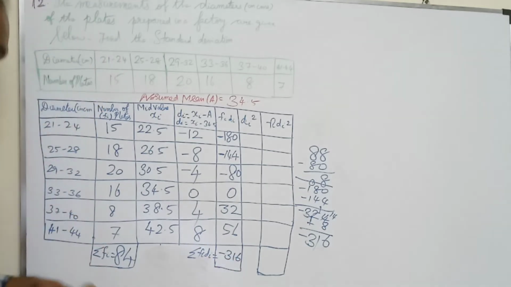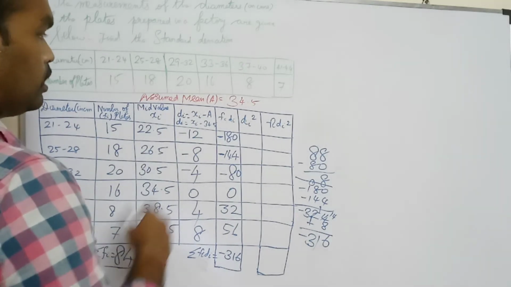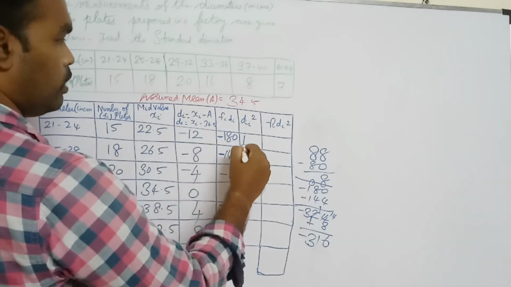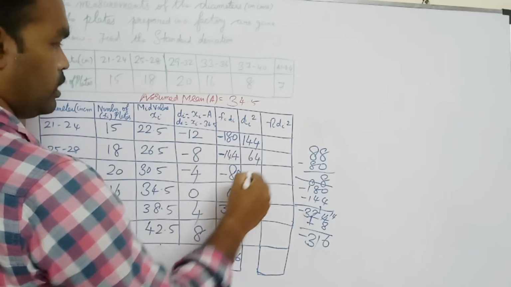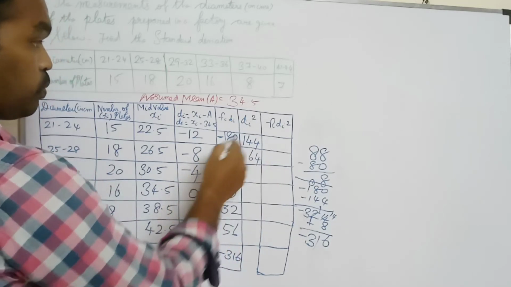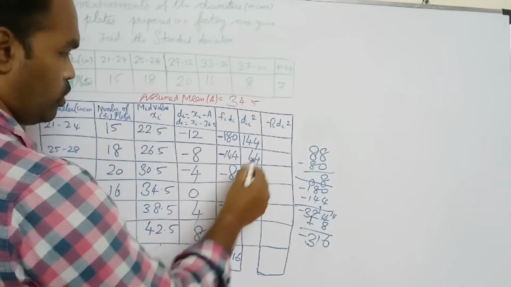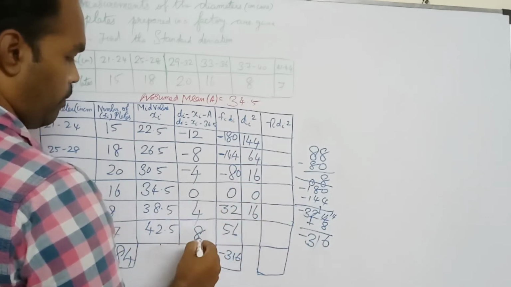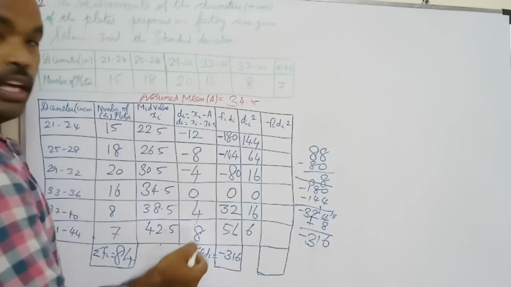Minus 316. Now, di square is how much? Minus 12 whole square, 144. Minus 8 whole square, 64. Minus 4 whole square, 16. 0 square, 0. 4 square, 16. 8 square, that is, this is the di value.